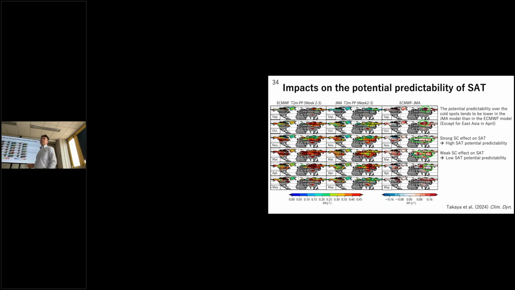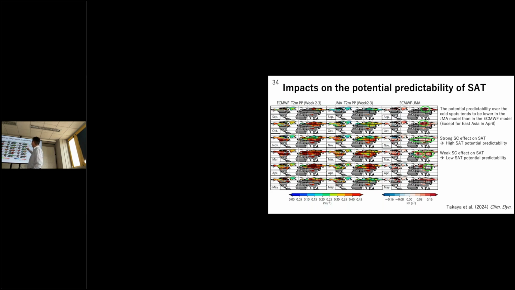This also supports that the JMA model can give some potential predictability only over small sensitive regions, while the ECMWF model does more. So that's why we see the difference over these regions.